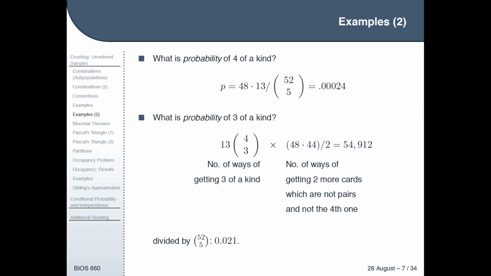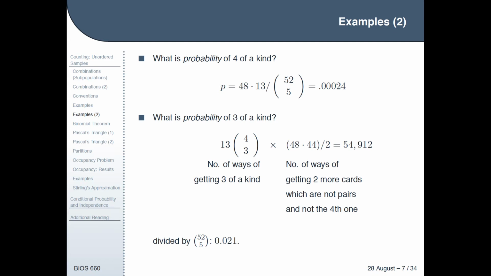There are 13 possible numbers for your 3 of a kind, but this time, with 4 of a kind, in order to get 4 of a kind, you had to have clubs, diamonds, hearts, and spades, all 4. With 3 of a kind, you're only going to have 3 of the 4 suits. So, given the 4 possible suits, we're choosing 3 of them.